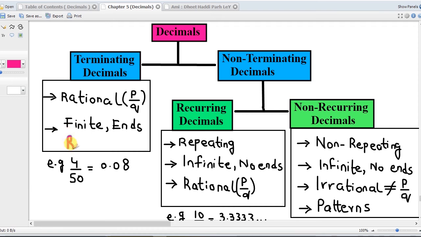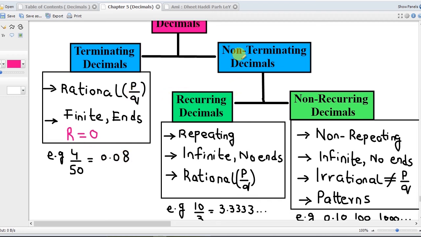So these all are hints or clues to find out whether a particular decimal value is a terminating decimal or not, right? For example, this one, 0.08, ends over here, so this is a terminating decimal. It has finite values after the decimal point, or we can write it in the form of a fraction.